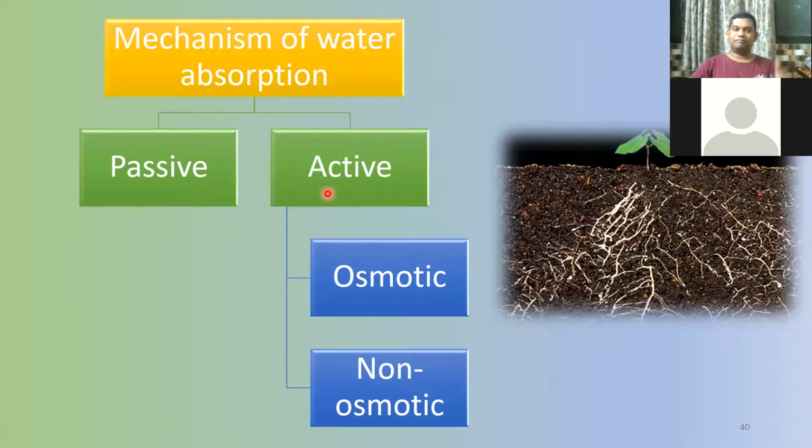Active means the water is absorbed by spending energy. Absorption is of two types, osmotic or non-osmotic. Osmotic means energy is spent, osmosis takes place, and then the water enters. Non-osmotic means energy is spent and water is absorbed, but not because of osmosis.